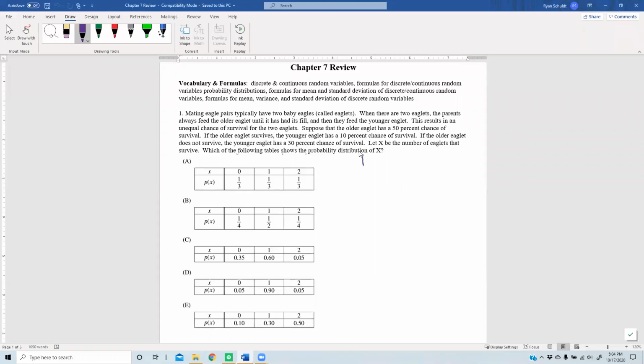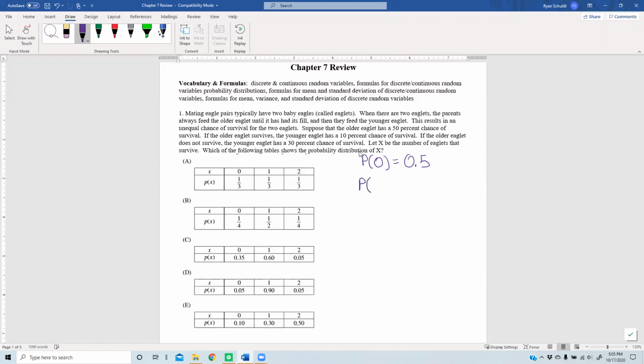So the probability that the older eaglet survives is 50%. If the older eaglet survives, the younger eaglet has a 10% chance of survival.